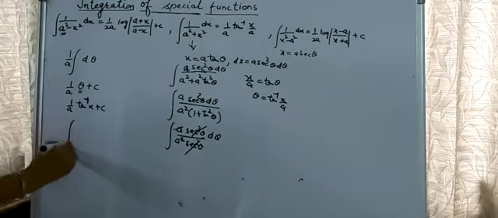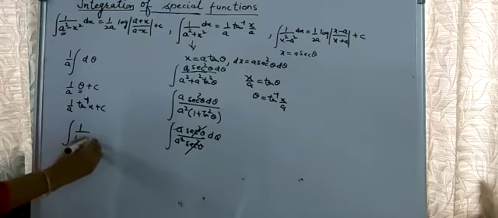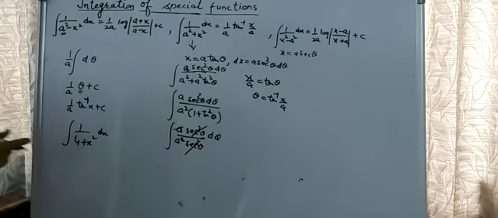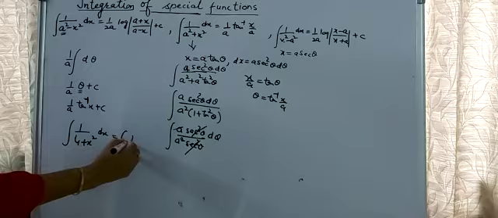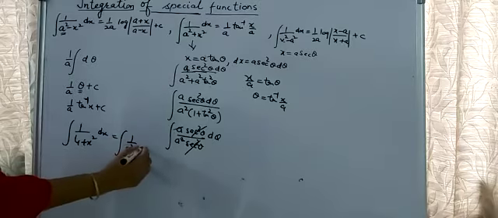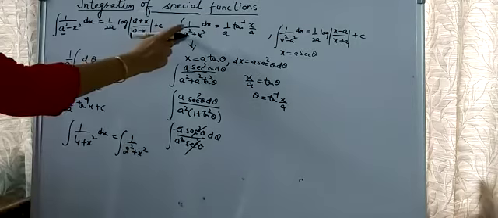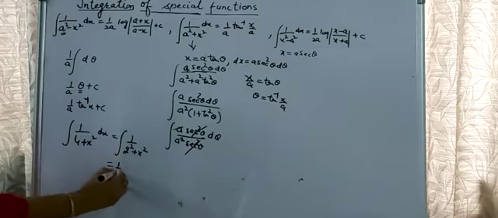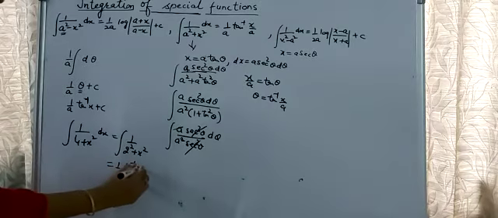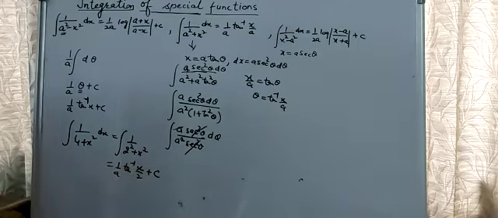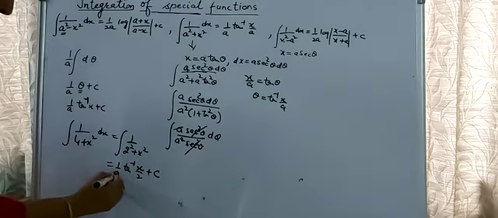Suppose I have a question like this: integrate 1 upon 4 plus x square dx. Here we change 4 into 2 square plus x square. After comparing, a is equal to 2. So 1 upon a tan inverse x upon a plus c, and instead of a we replace 2.